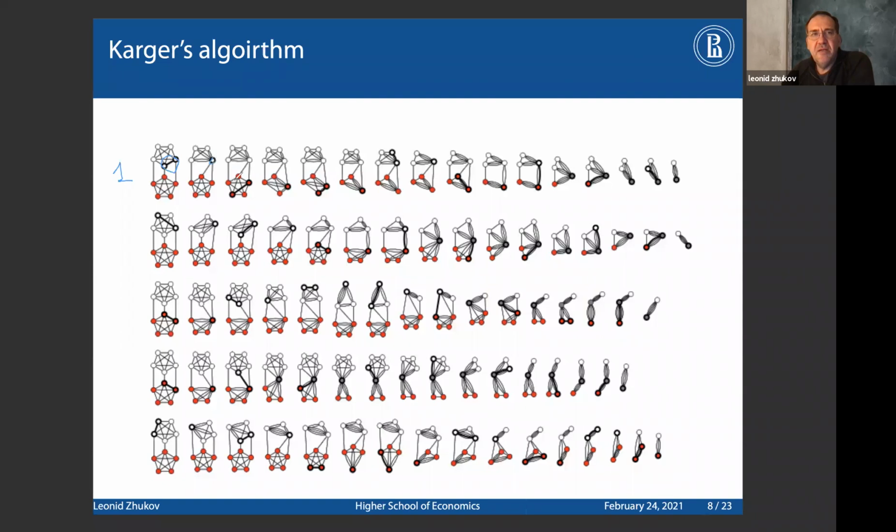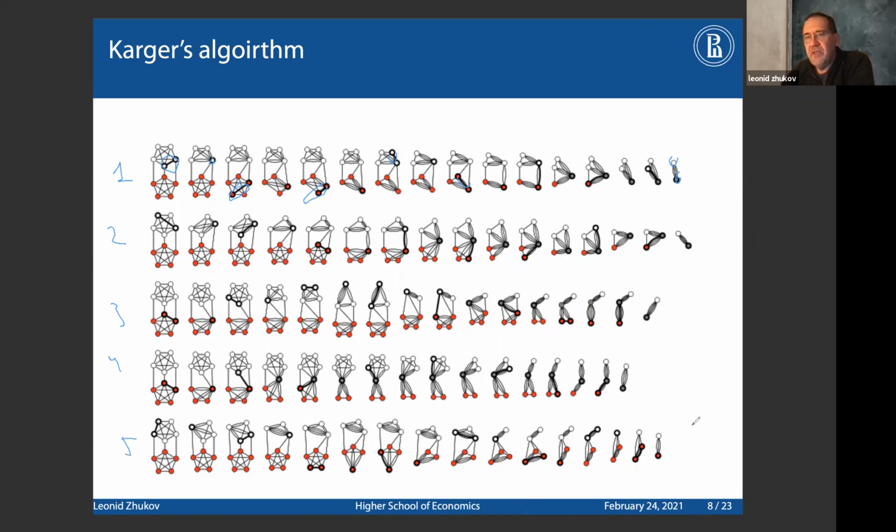Then, for example, the algorithm picks this edge and contracts it. Then it picks this edge and contracts it. Then this edge, and so on. And eventually, you're left with these 2 nodes and a bunch of edges. Then there is a second run, a third run, a fourth run, a fifth run.